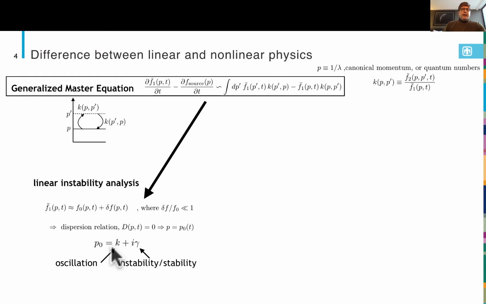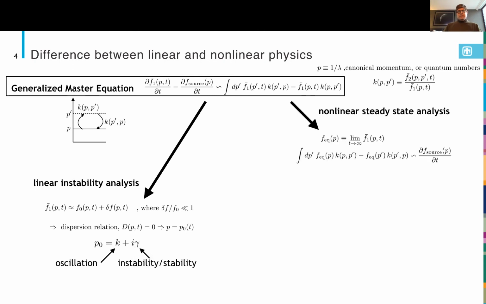You find that it has some wave-like oscillation with either a stability or an instability associated with it, and all the theory really is around when is it unstable and what's the maximally unstable mode with the largest growth rate. That's traditionally what's been done, let's say, by Marshall Rosenbluth and many people up to that, through the history of plasma physics and high energy density physics.